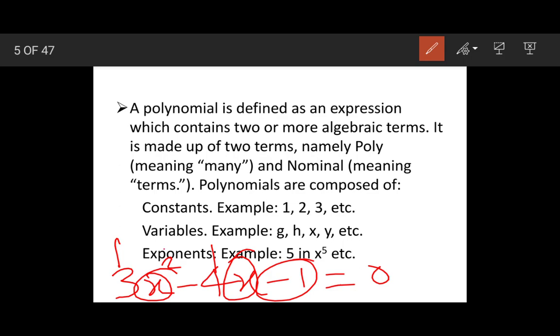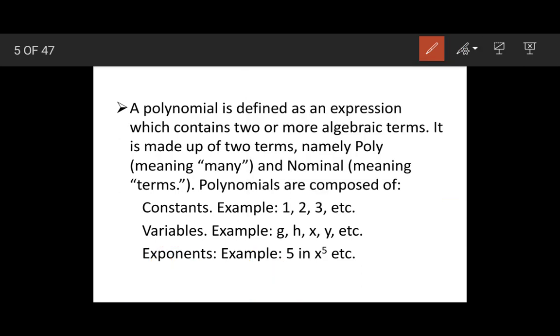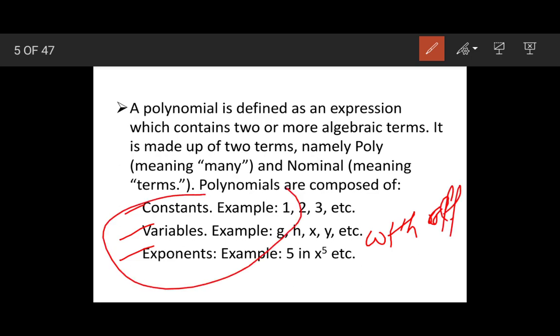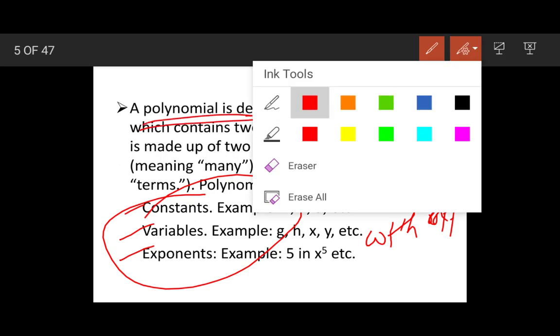Then exponent is 2. This 2 is known as an exponent. So by combining constant, variable, exponent, variable with or without coefficients, we get the polynomials.